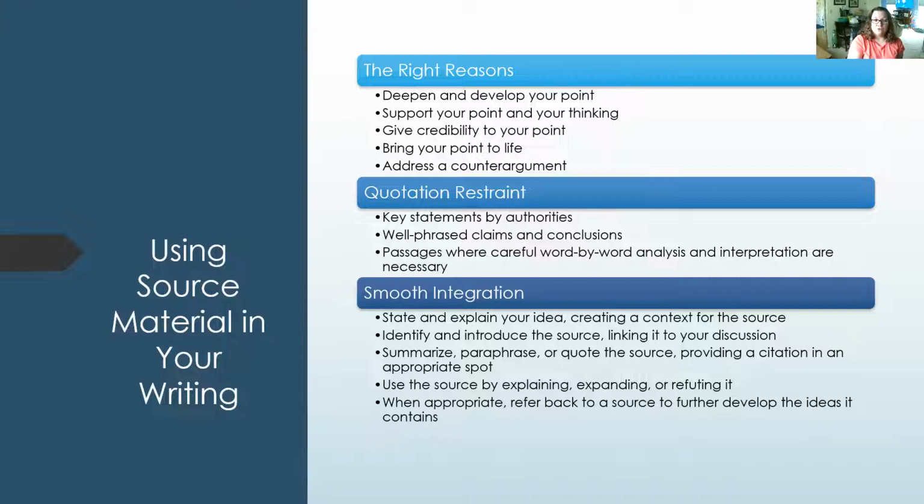You have to set up the idea that you're talking about, the main idea in that section. And then you introduce and integrate the source. You give the summary, paraphrase, or direct quote with the citation. And then you explain it, you expand on it, you connect it, right?